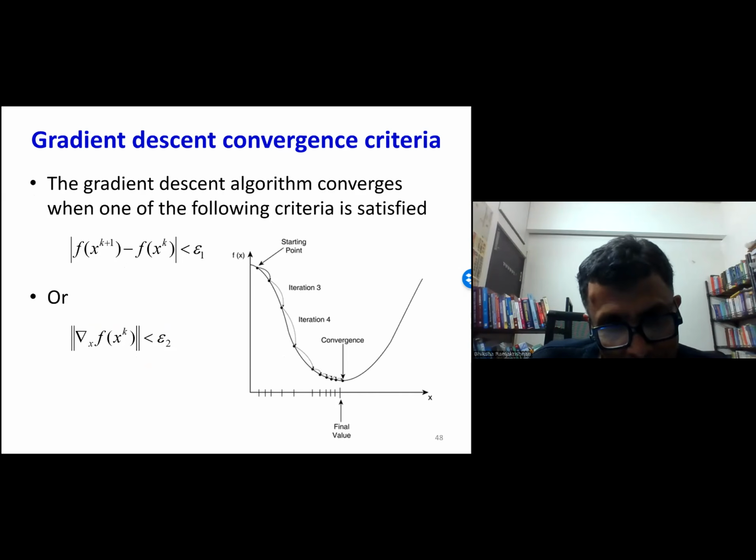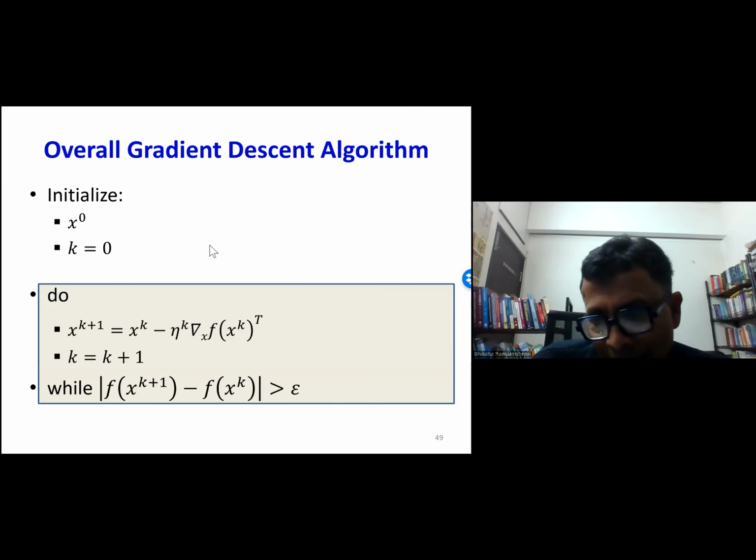You can stop when the derivative becomes very small, close to zero, or when you find that the change in the function value between subsequent steps is too small. Either of these is a perfectly good criterion to stop your updates. So here's the overall gradient descent algorithm. You initialize your x, and then you iteratively update your x by taking a step opposite the gradient until the function doesn't decrease anymore.